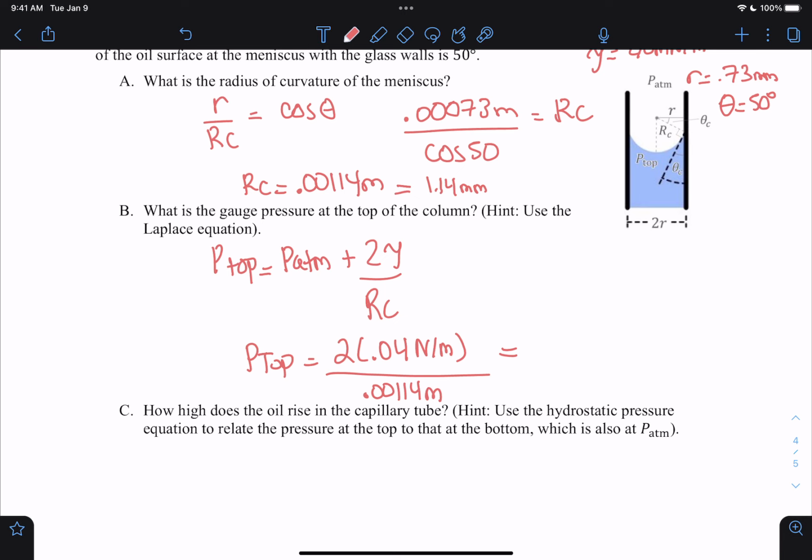I don't know, that feels a little bit weird, but yeah, I don't see anything that would be wrong with this. P top, P atmosphere. Yep, 2 times 0.04.